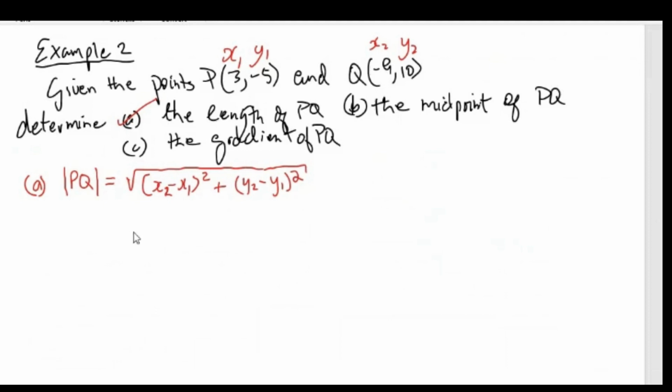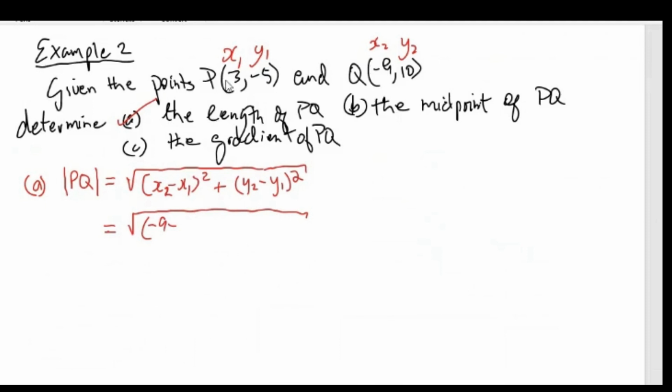What's the next step from there? What should I do next? Right, input the values in the formula. So what are we going to write? X2 should be what? X2 should be -9, thanks. Minus, what's X1?